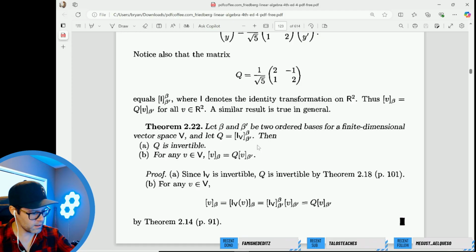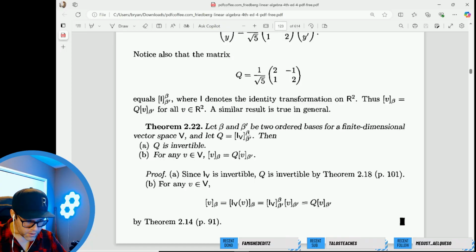So let's see, what's the notation that they use further? They're going to take B and B prime to be two ordered bases, and Q is invertible. So they're saying that a change of basis matrix should always be invertible.